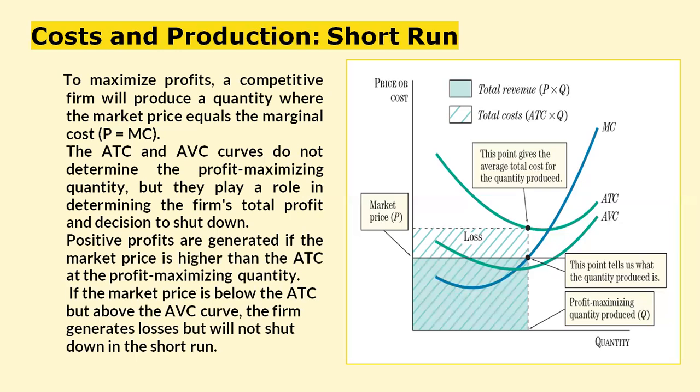If the market price is below the average total cost but above the average variable cost curve, the firm generates losses but will not shut down in the short run.